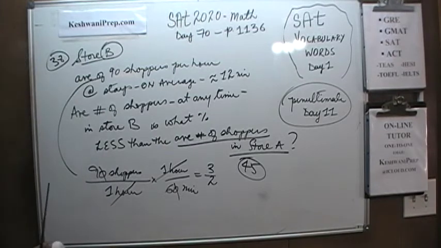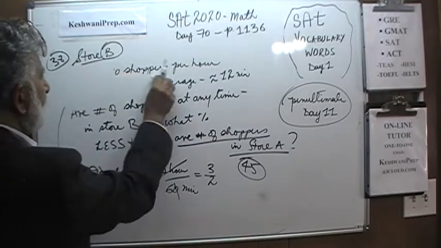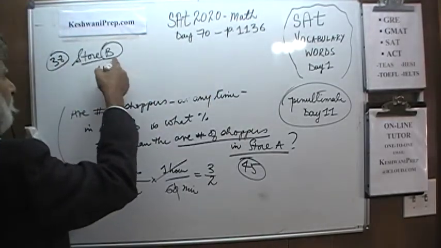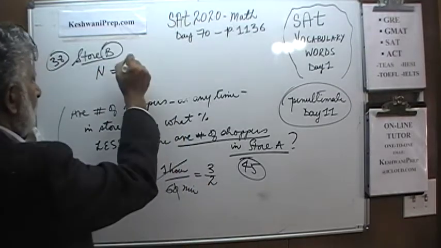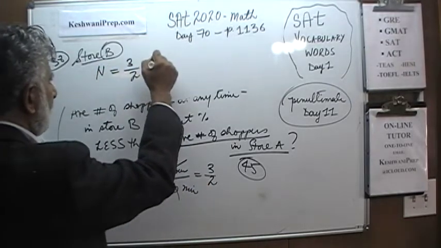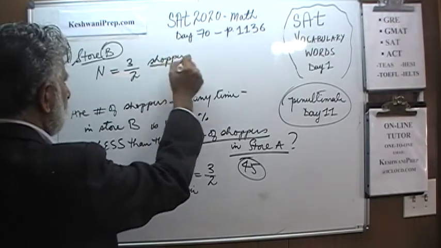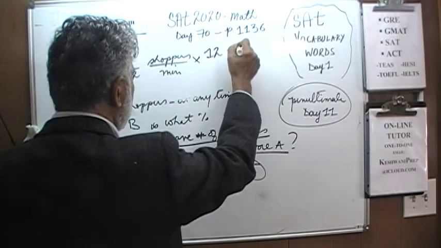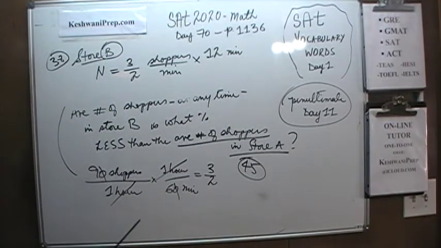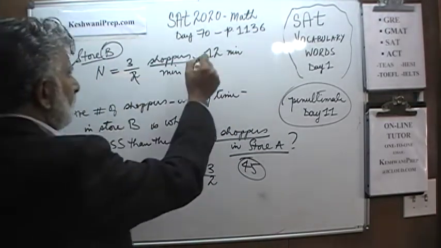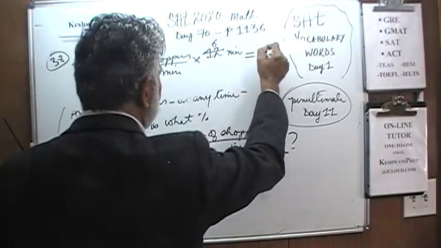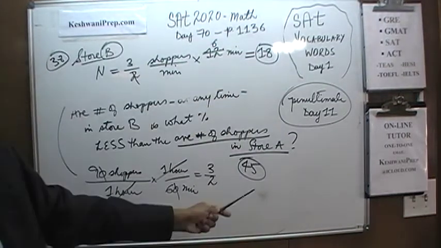And each stays on average 12 minutes. So we're dealing with store B, and we just found out this is 3/2 shoppers per minute, and each stays 12 minutes. We're almost done. So 2 divides into 12 six times, 3 times 6 is 18. Now we're comparing 18 versus 45.